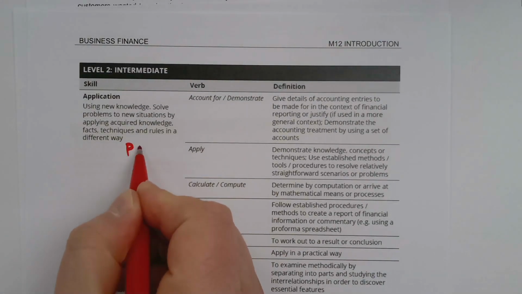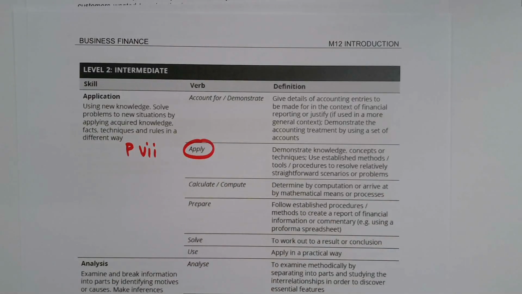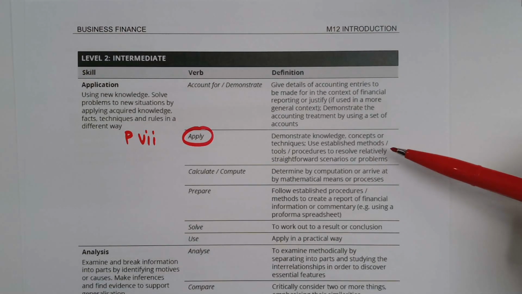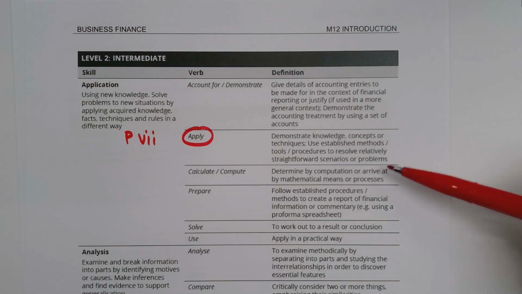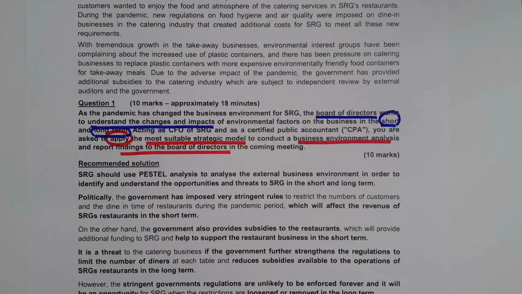It's on page 7 of our introduction, apply. So what we need to do is we need to demonstrate knowledge, concepts, or a technique to resolve or give some kind of advice for scenarios, straightforward scenarios or problems. So a concept or a technique, an established method. Well, they want us to use a suitable model here.